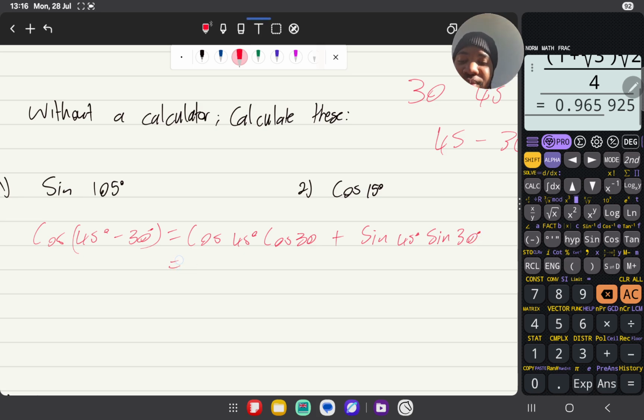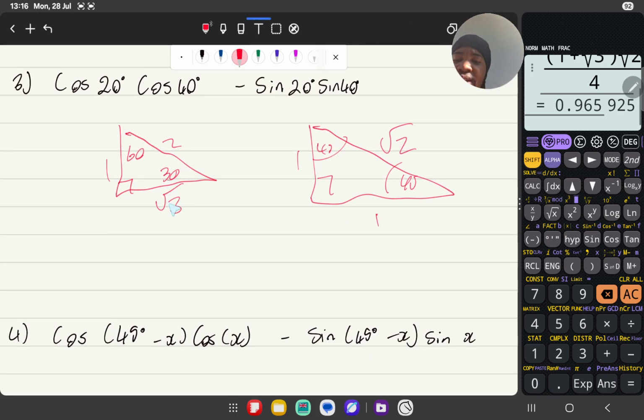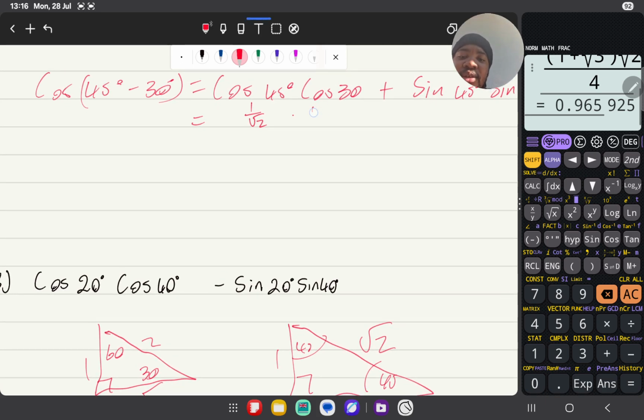Cos 45 is 1 over square root of 2, and cos 30 is adjacent over hypotenuse, so it's square root of 3 over 2.